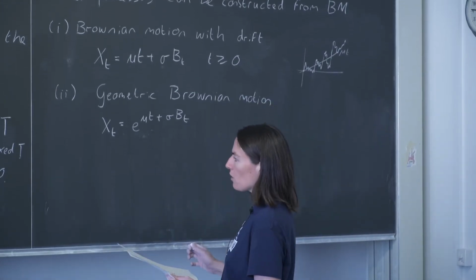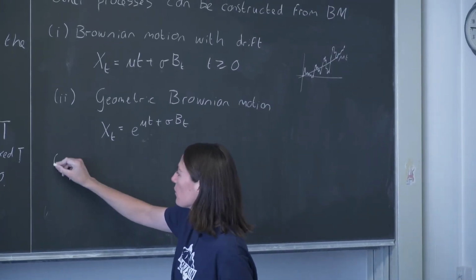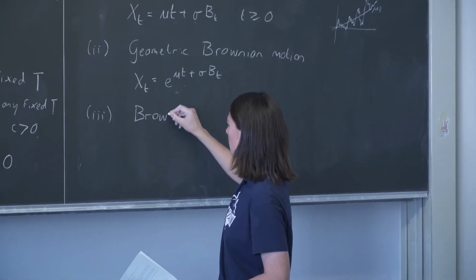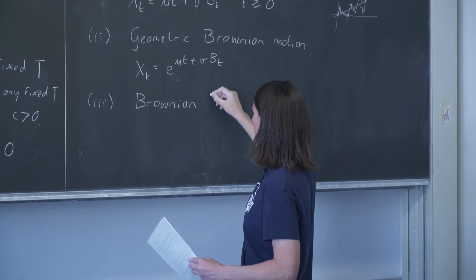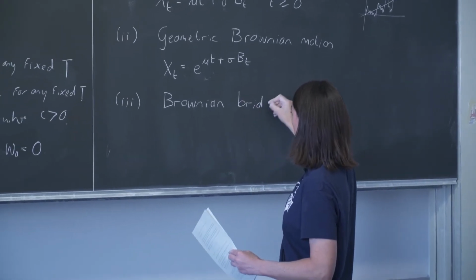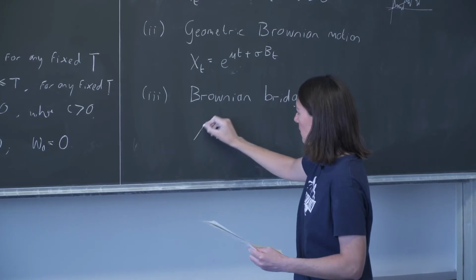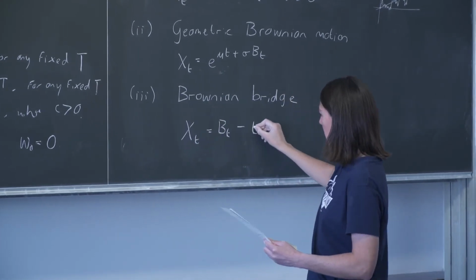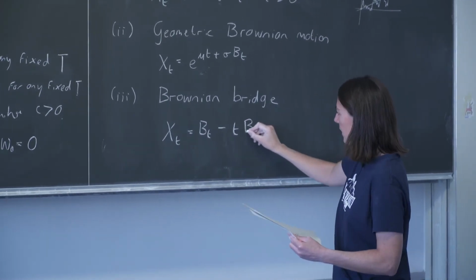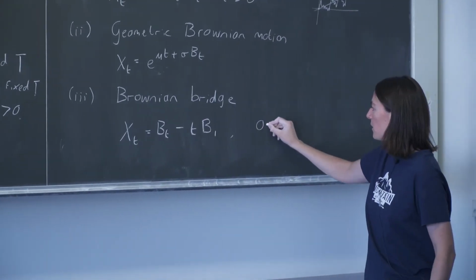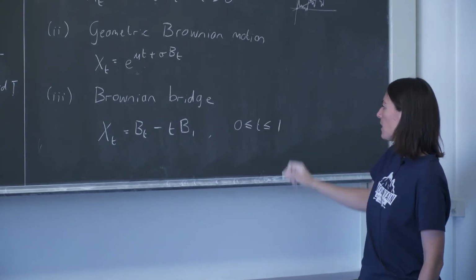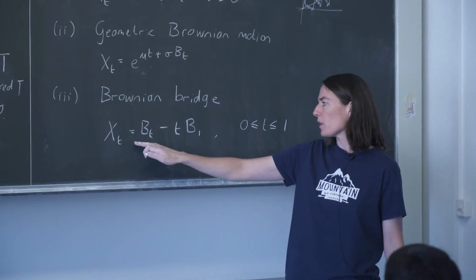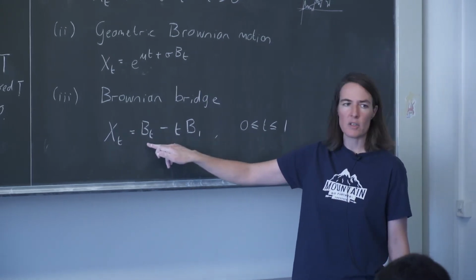And then the third one is the Brownian bridge. So X_t is equal to B_t minus t times B_1, and this one's only defined for t between 0 and 1. But if you look at this one, what happens at time 0? Well, at time 0, we've got 0 minus 0, so it starts at 0.